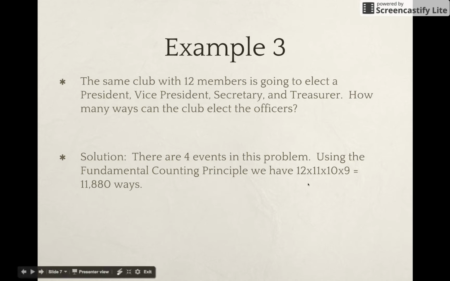And so there are 12 ways that we could select someone to the president office, or whichever office is selected first. Whoever is president will likely not be the vice president, so there's 11 people left to be elected vice president, and so on. That results in 11,880 ways.